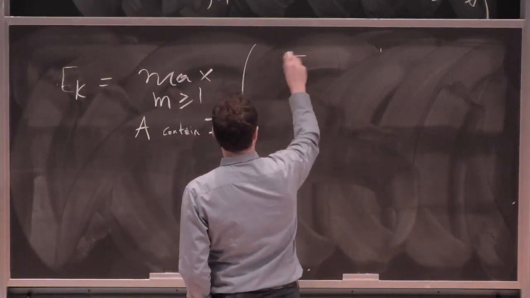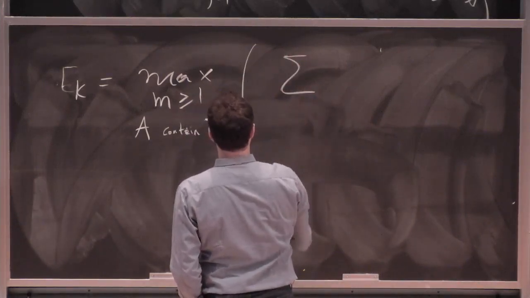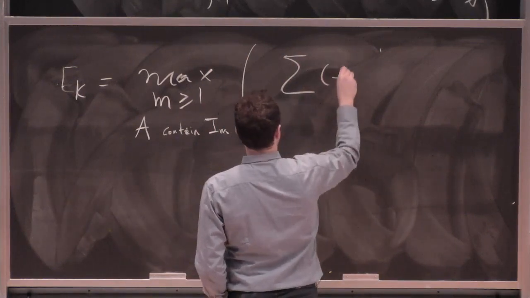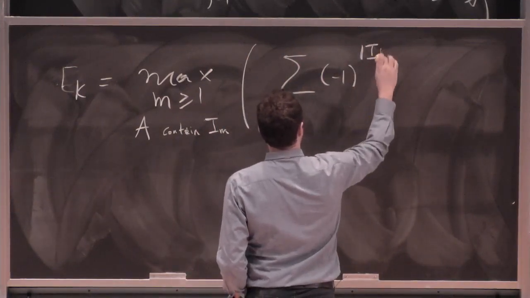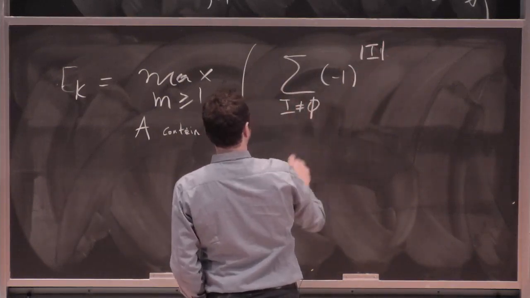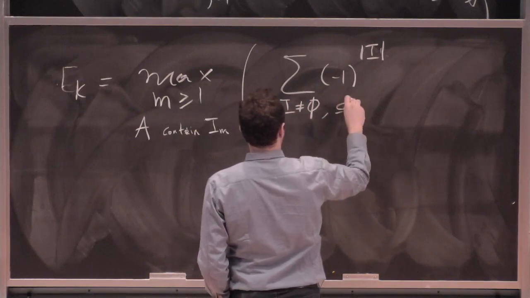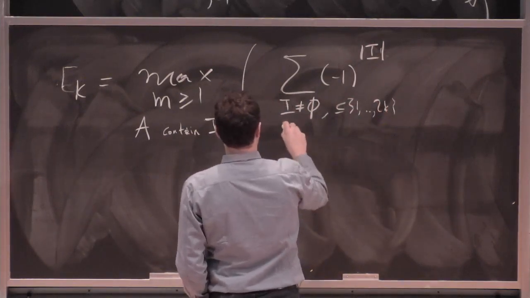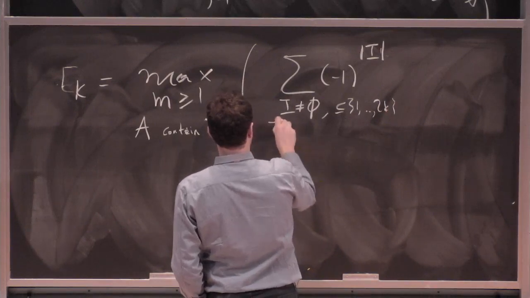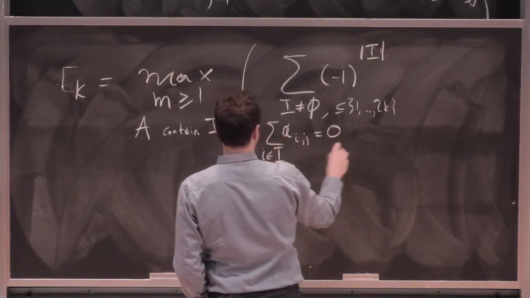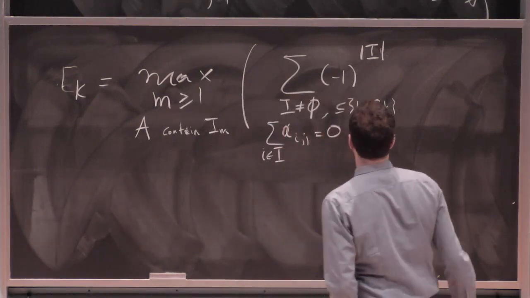And then what would be the pole order would be (-1)^I, and then I have I_0 a subset of the integers up to 2k. And I want these quantities to be 0 for all j.